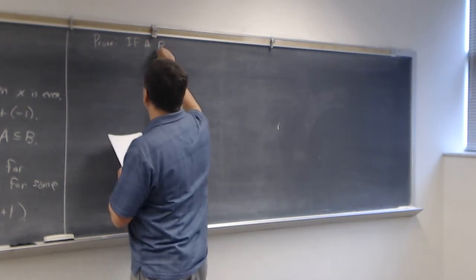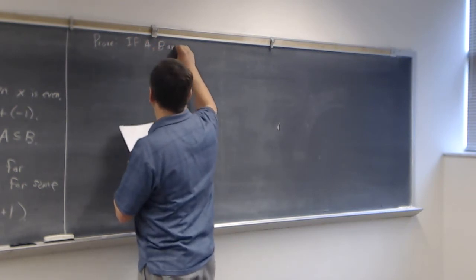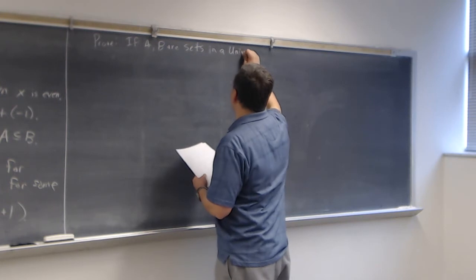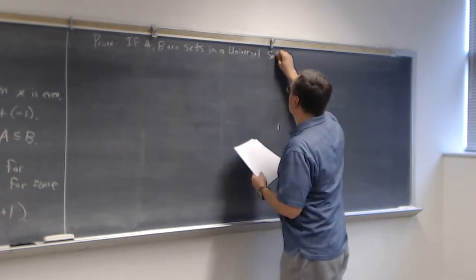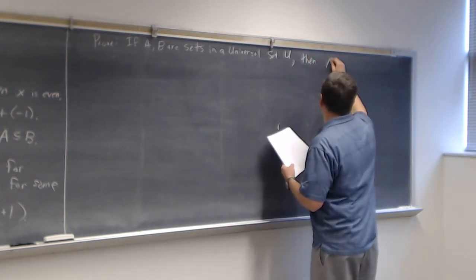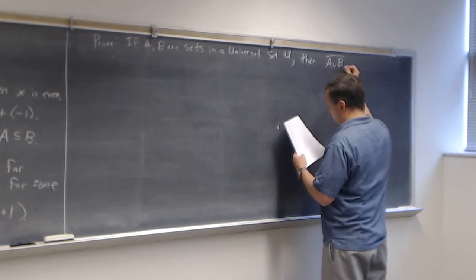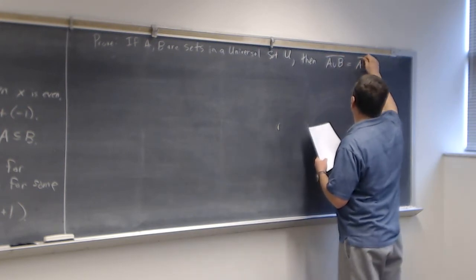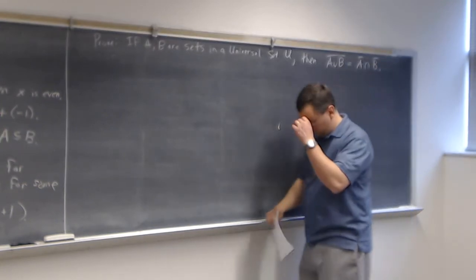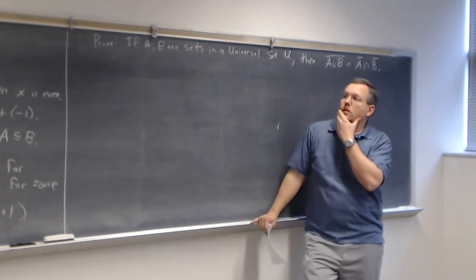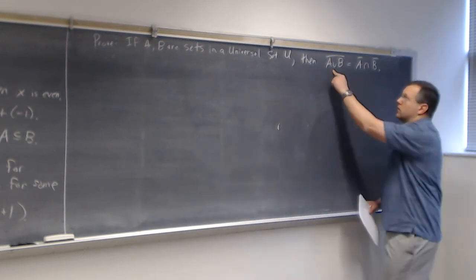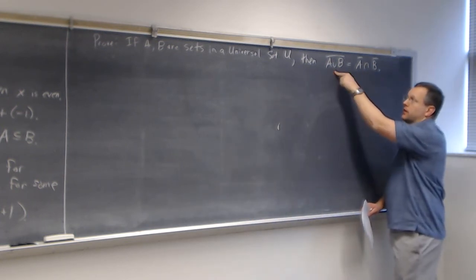If A and B are sets in a universal set U, then the complement of A union B equals the complement of A intersect complement of B. So if we're going to use the technique I just used, you might show that this side is a subset of this side, and this side is a subset of this side.